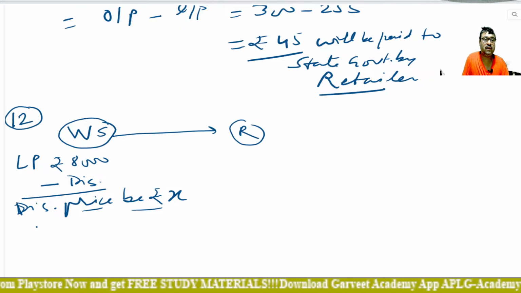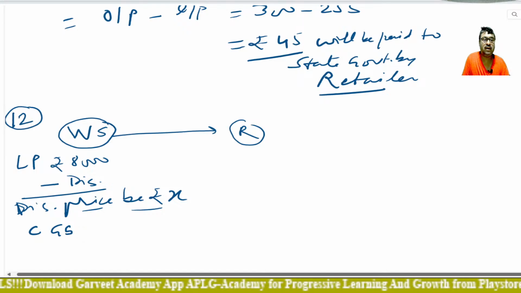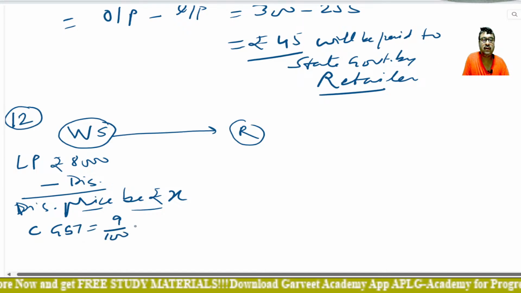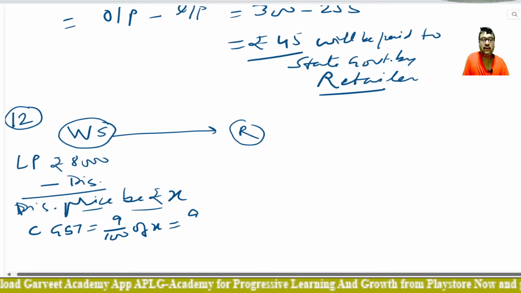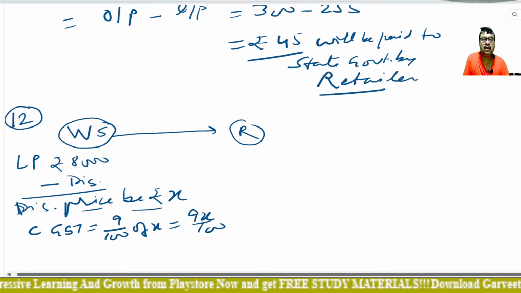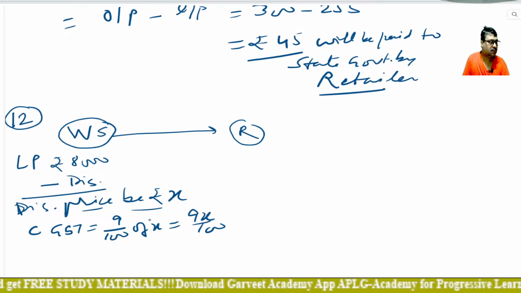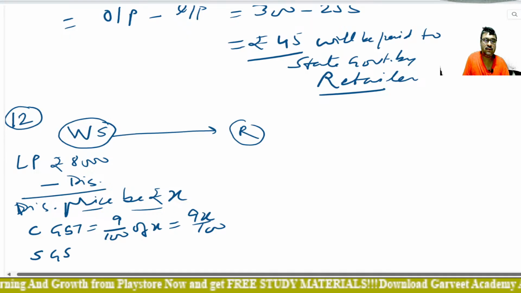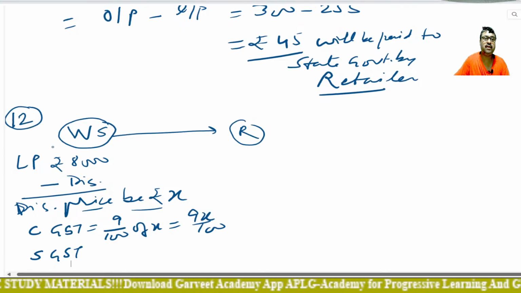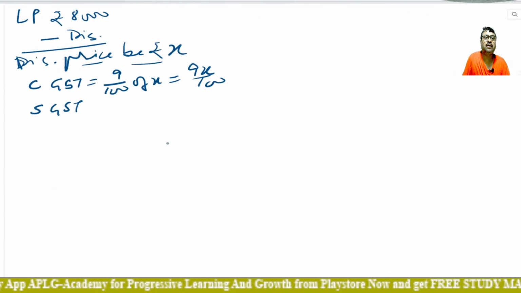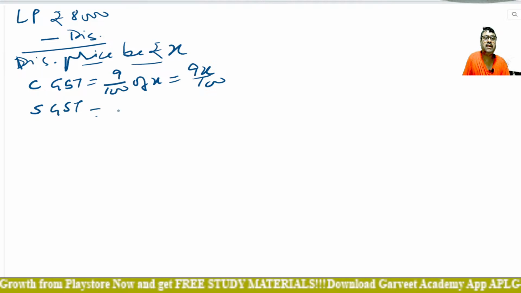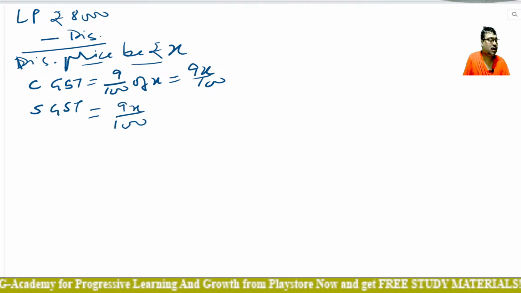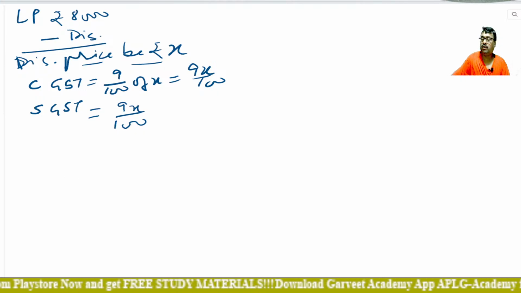So CGST will be 9% of X, which is 9x by 100. SGST will also be 9x by 100, isn't it? Clear?